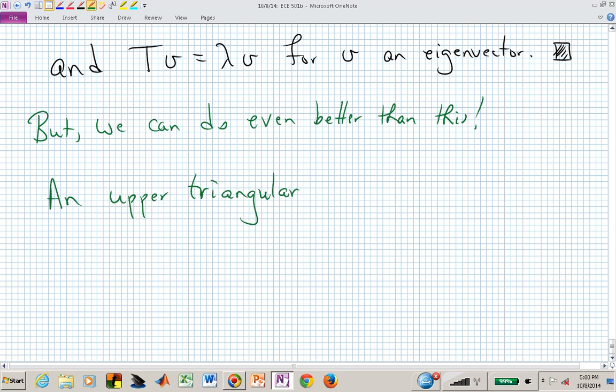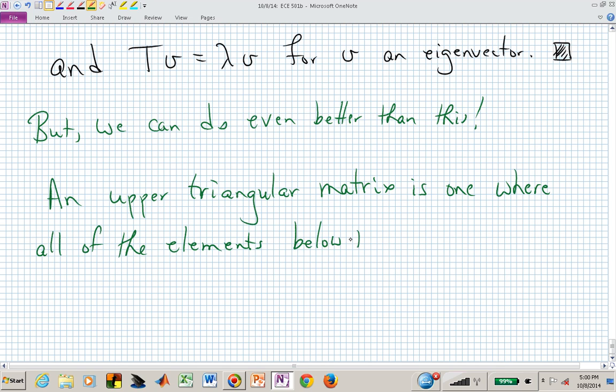An upper triangular matrix is one where all of the elements below the diagonal are 0.